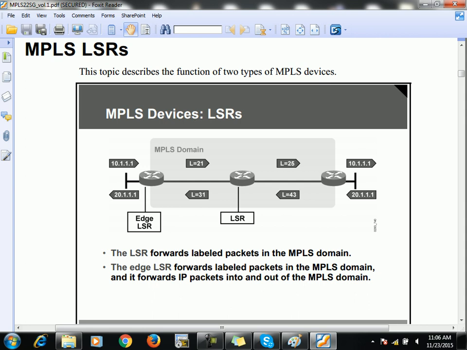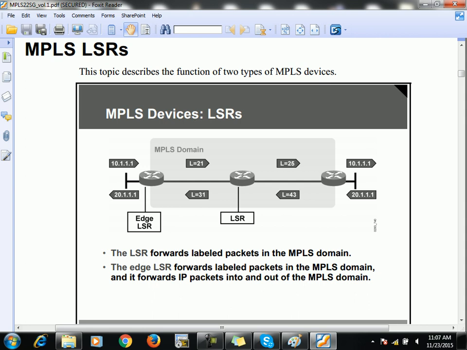In other words, LSRs are responsible for switching your data based on labels only. Edge LSRs are responsible for taking a packet from the non-MPLS domain without a label, and whenever they forward those packets towards the MPLS domain, they create a label and append it onto the packet, and then forward that packet towards the MPLS domain.